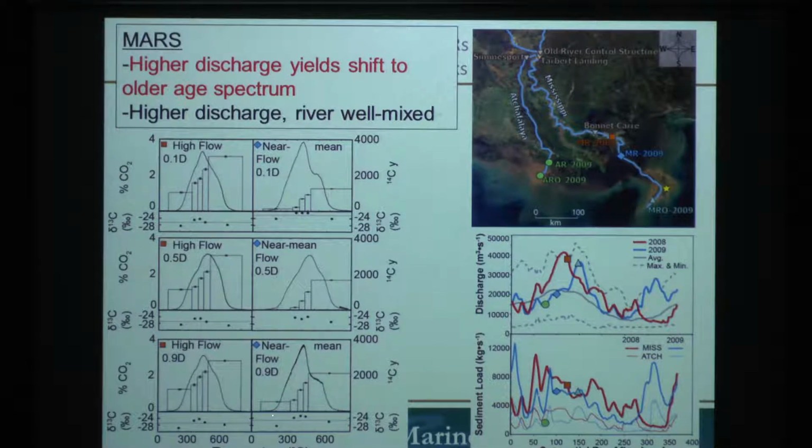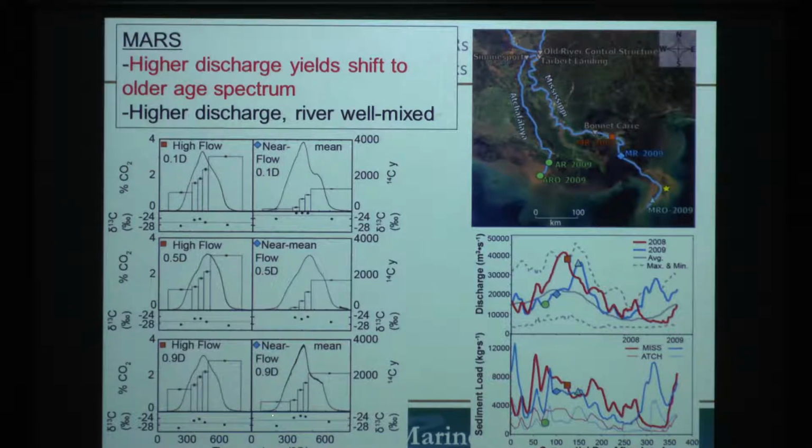Okay? And what that showed us is that this transport of older continental carbon to depositional centers like the continental shelf and the deltaic plain are biased by older carbon, because these high water events are disproportionately responsible for those deposits.